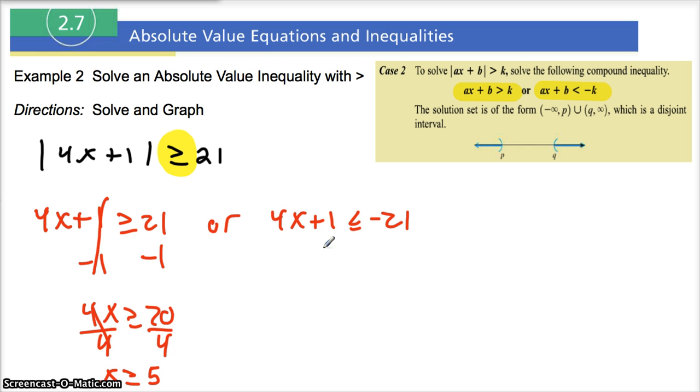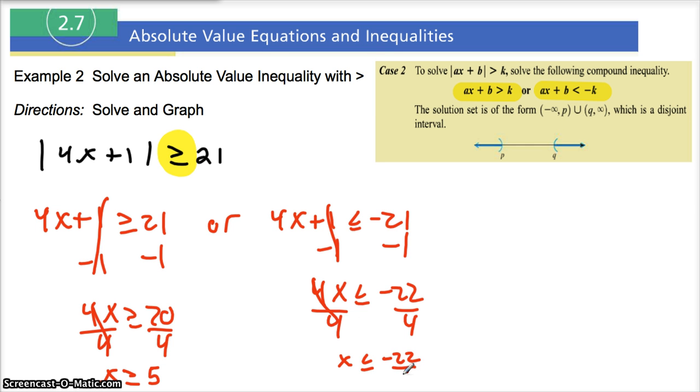Coming over here, we'll subtract 1 on both sides. We get 4x is less than or equal to negative 22. Then we'll divide both sides by 4, and we get x is less than or equal to negative 22 over 4.